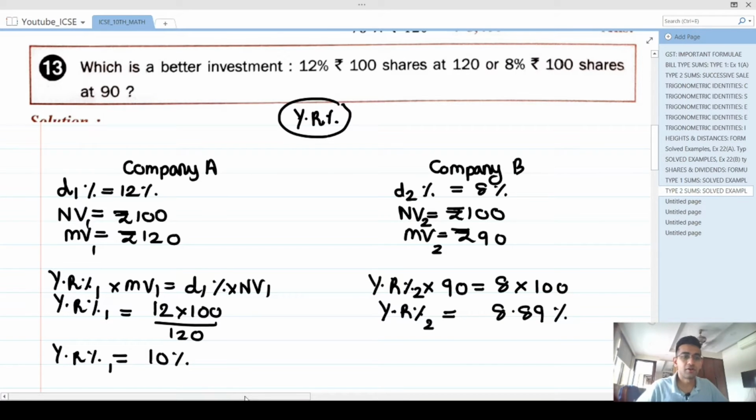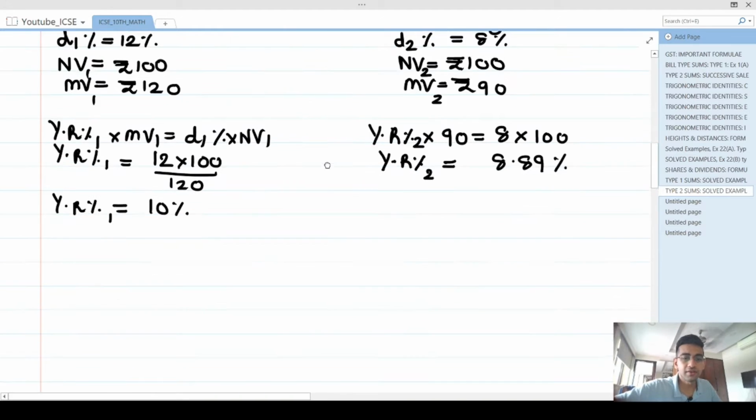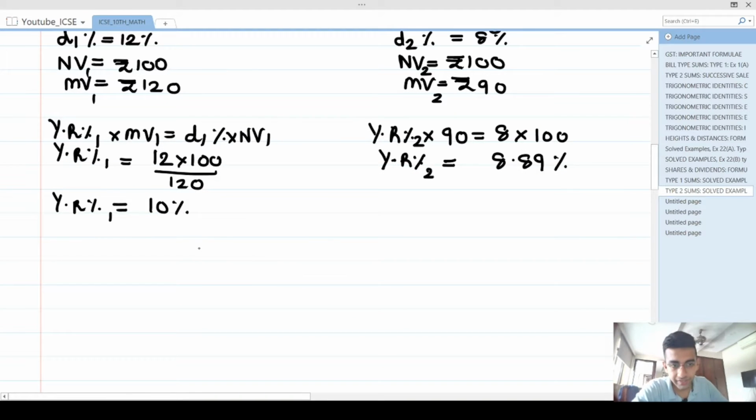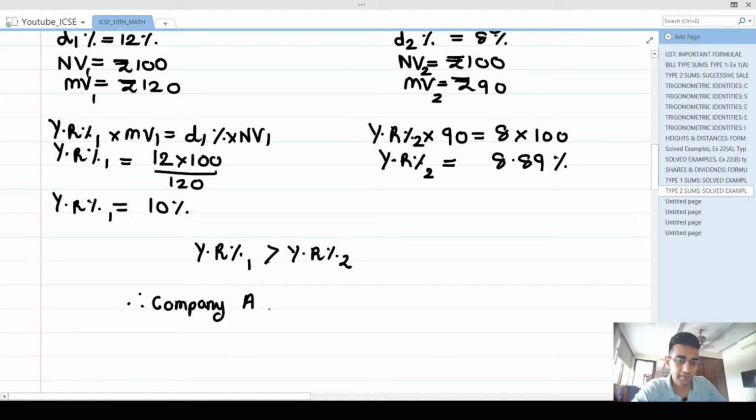So from these two values, we realize that YR percent 1 is greater than YR percent 2. Therefore, company A is a better investment. Very simple. Next.